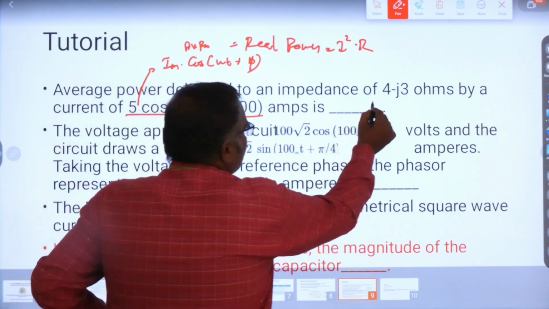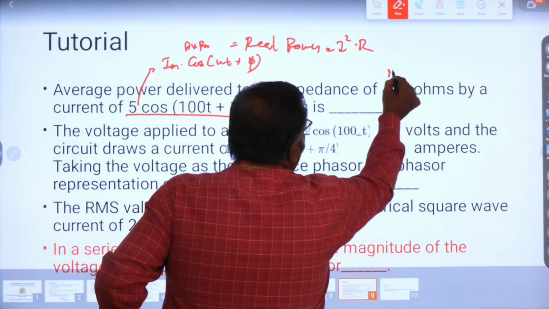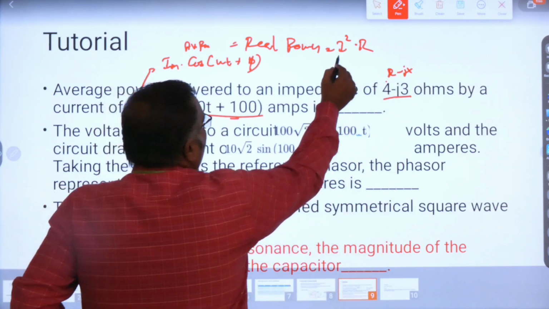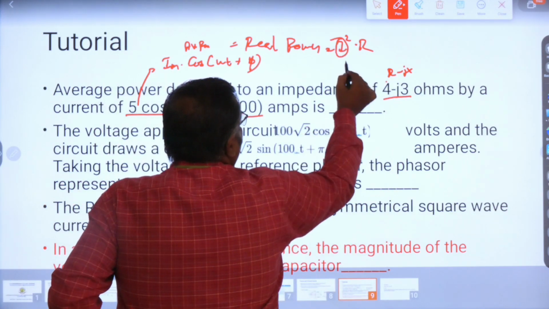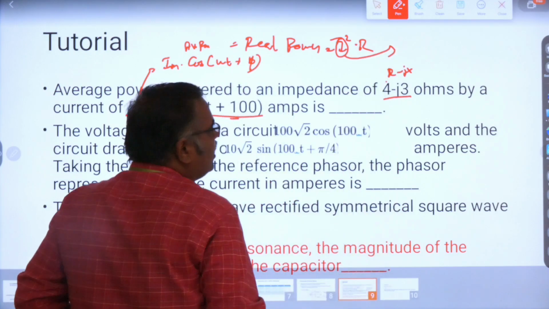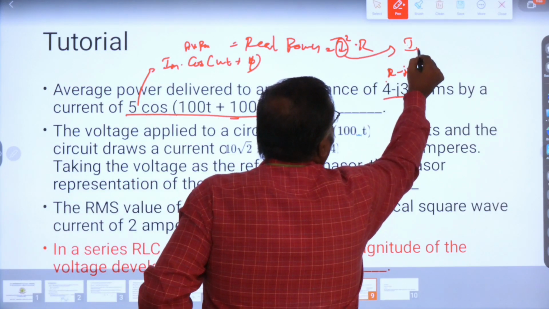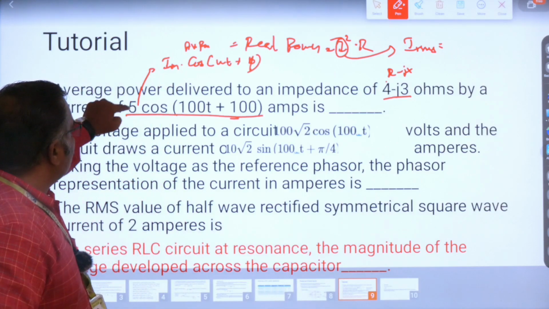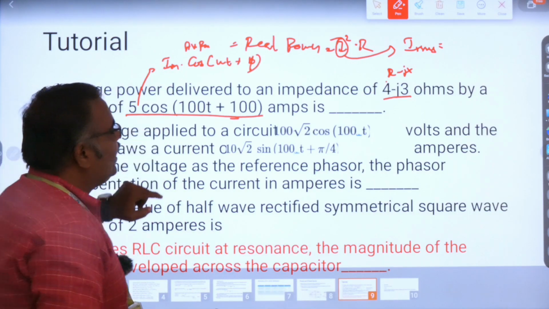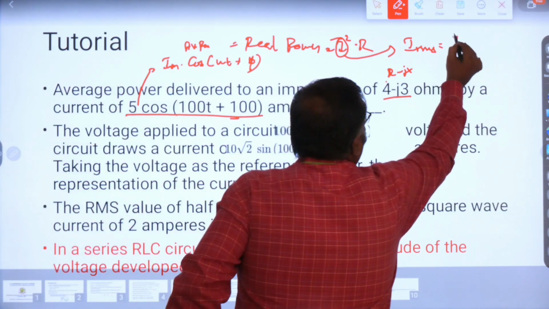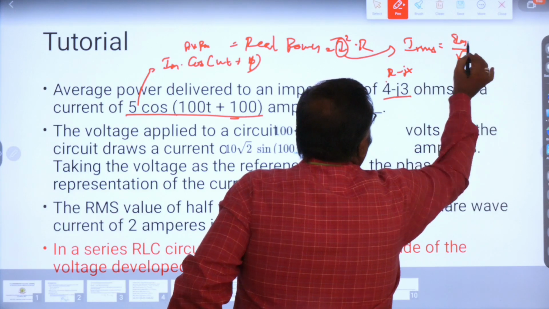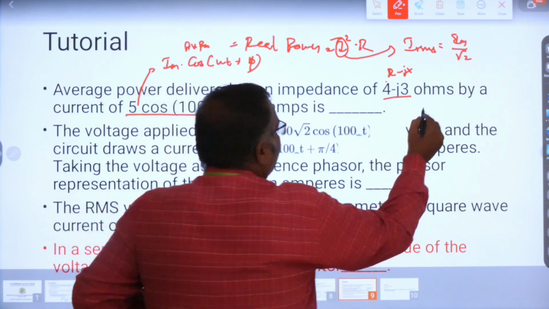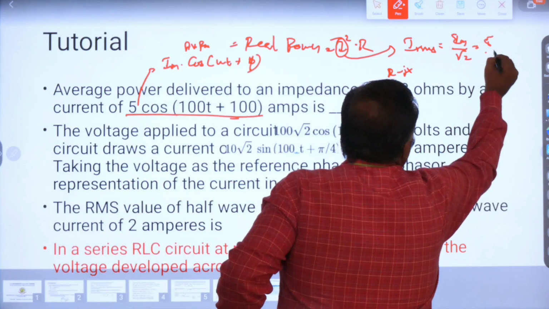When we talk about 4 minus j, this is R minus jX, therefore R is equal to 4. Here, this I is the IRMS value. IRMS is given by Im by root 2, so replacing Im we get 5 divided by root 2.